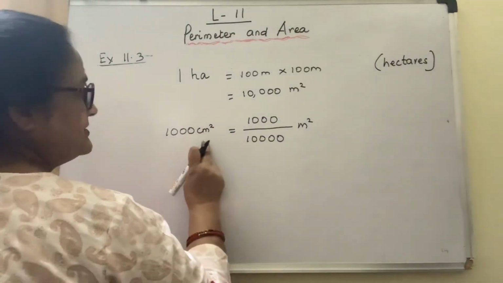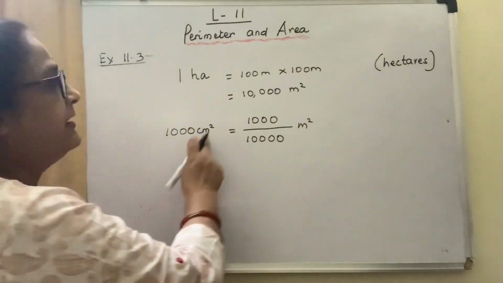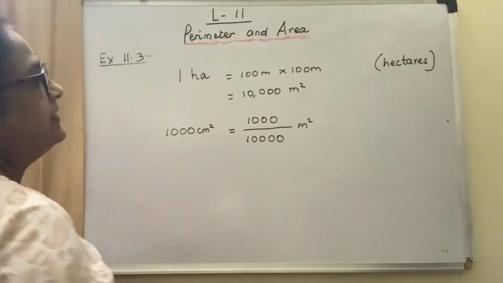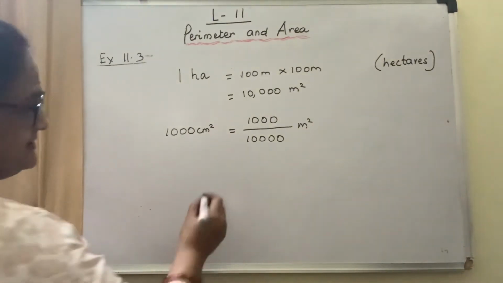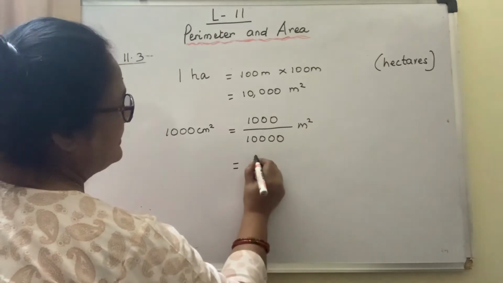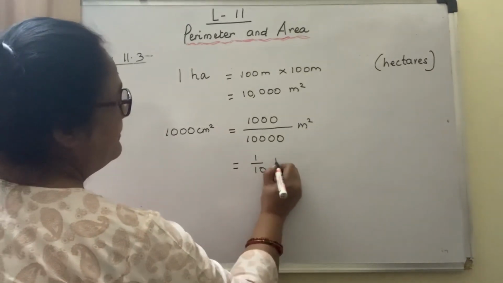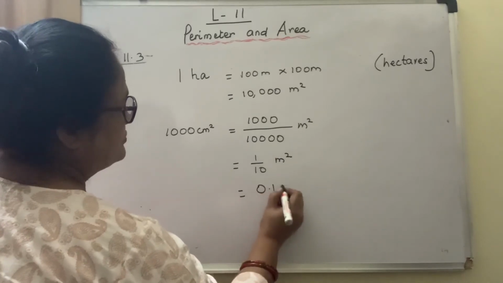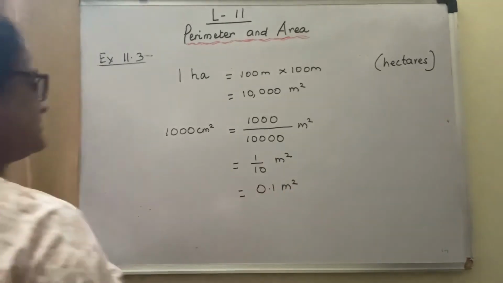If I cancel the zeros, I get 1 upon 10 meter square, which is also 0.1 meter square.